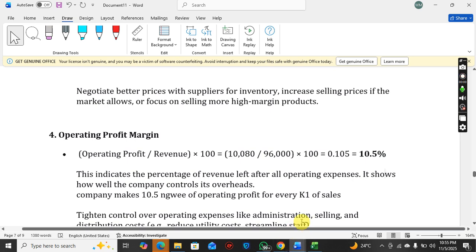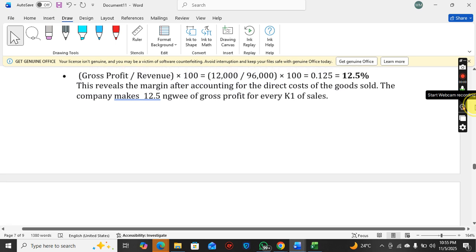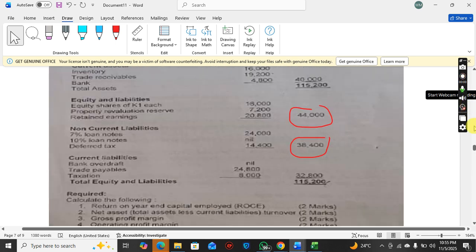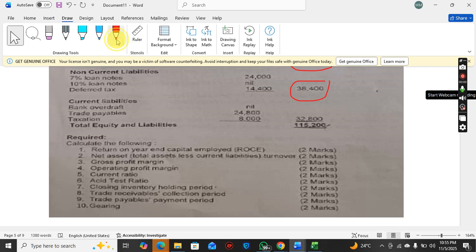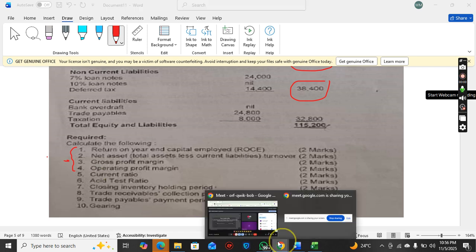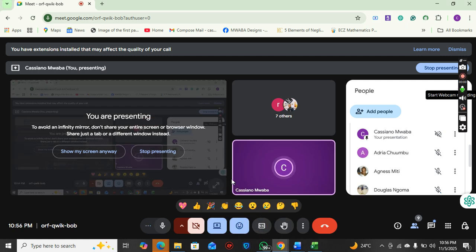So these 4 ratios here, return on capital employed, net asset turnover, gross profit margin, operating profit margin, these are your profitability ratios, how good your company is at making profits. With these ratios you want them to be as high as possible.